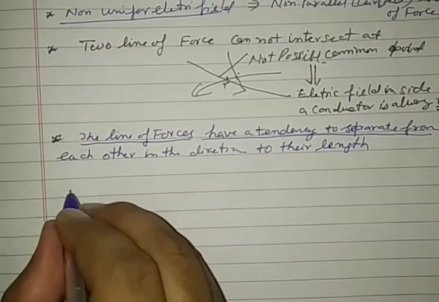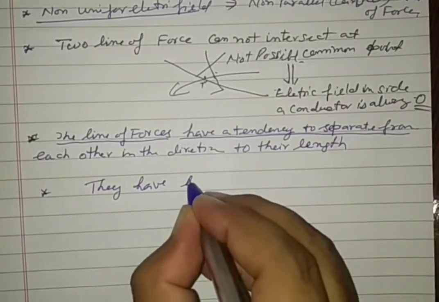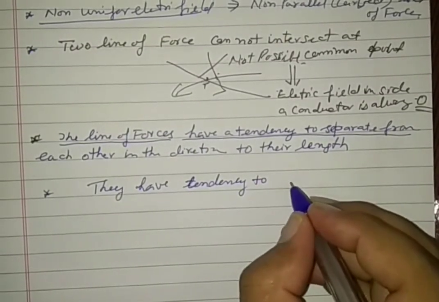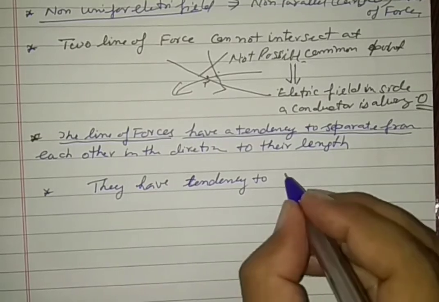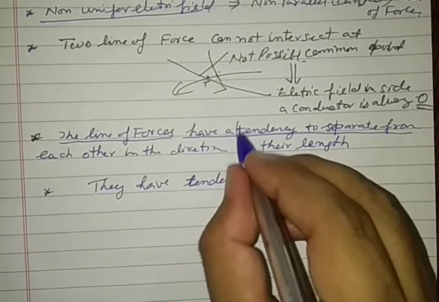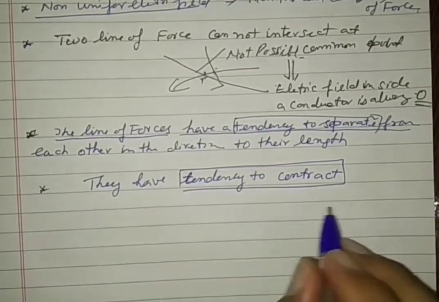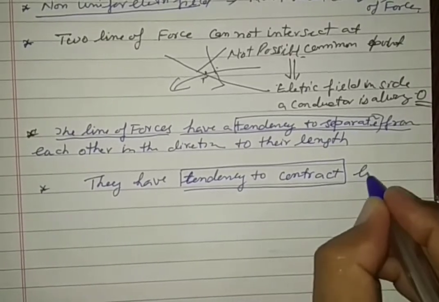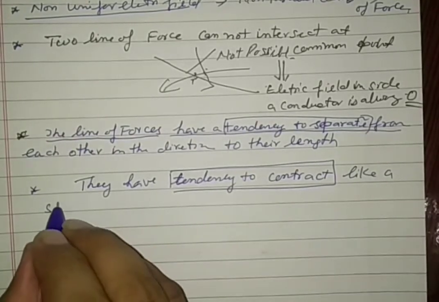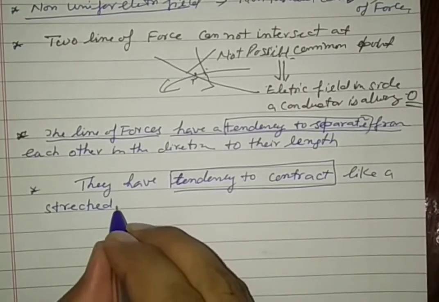Second thing also, they have a tendency to contract, like a stretched elastic string. Here in the previous, tendency to separate; here, tendency to contract, like a stretched elastic string.